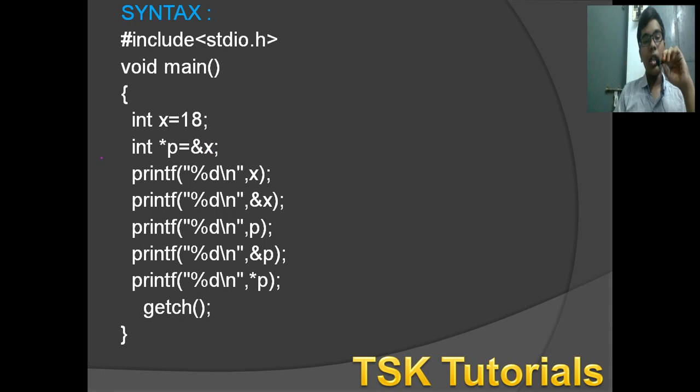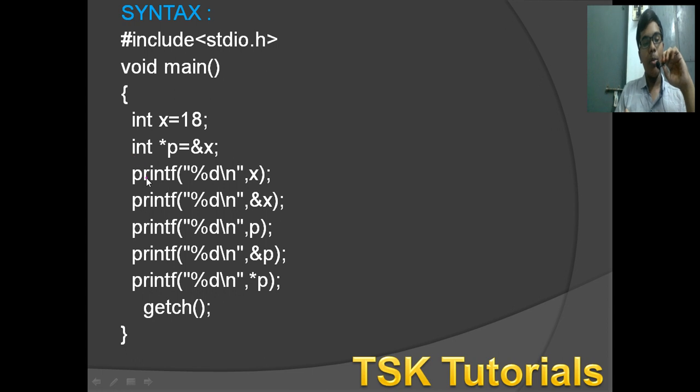As I told in the previous session, to store something in a variable, the variable has to be declared first, and it will occupy some memory depending on the data type, whether it is int, float or else, like 2 bytes or 8 bytes. Now this memory address is stored in p, and *p is the value stored in that memory address. As the value is 18, it's an integer, and this whole command becomes int.